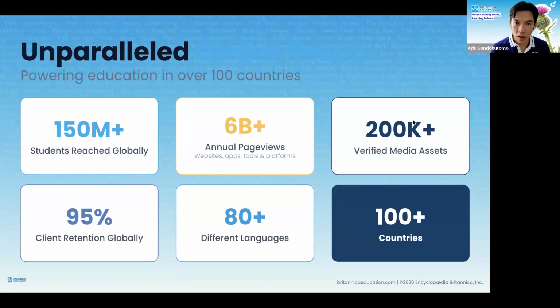Of course, a lot of you have probably heard the brand Encyclopedia Britannica. We have more than 200,000 verified media assets delivered in more than 80 different languages, and we have been reaching more than 150 million students globally. You can see as well that we have a pretty high client retention.